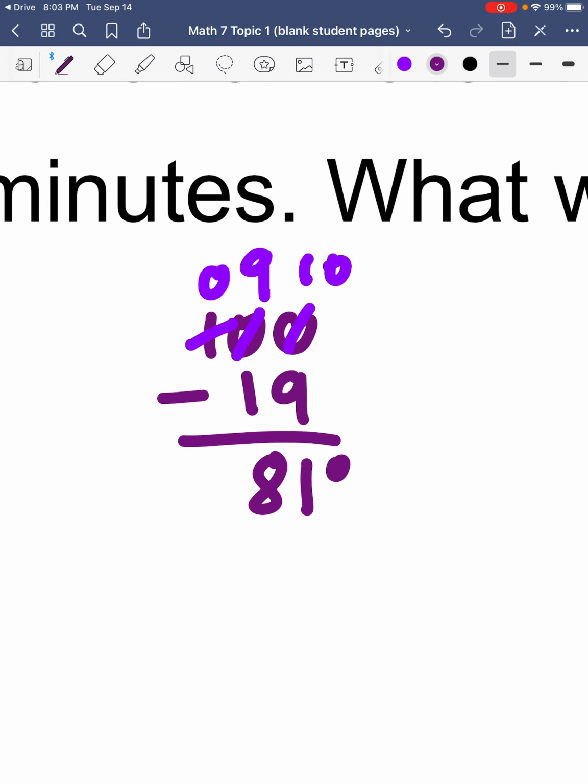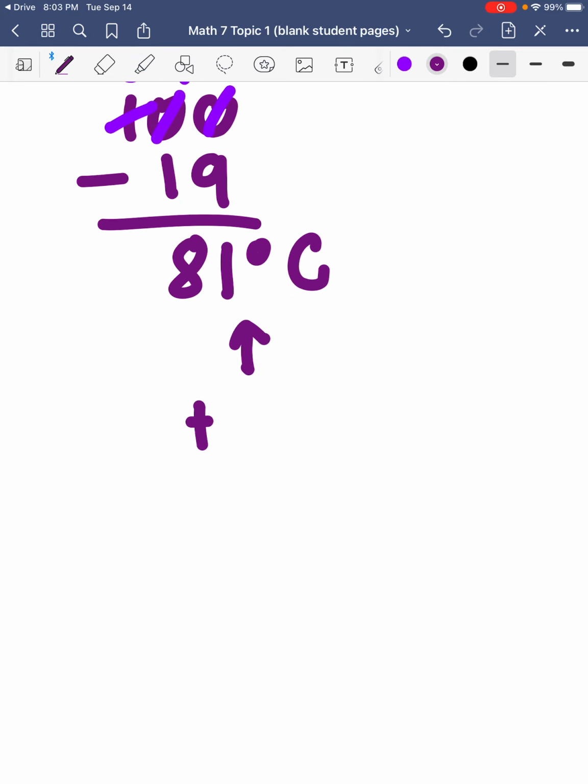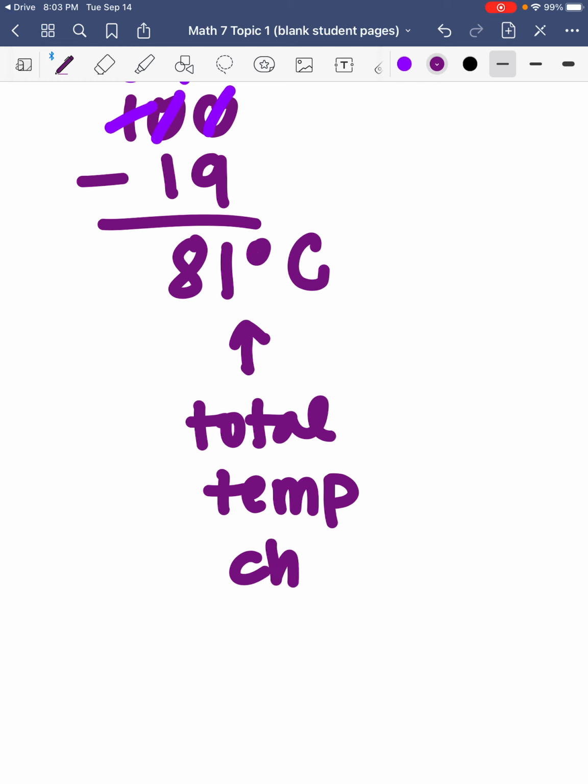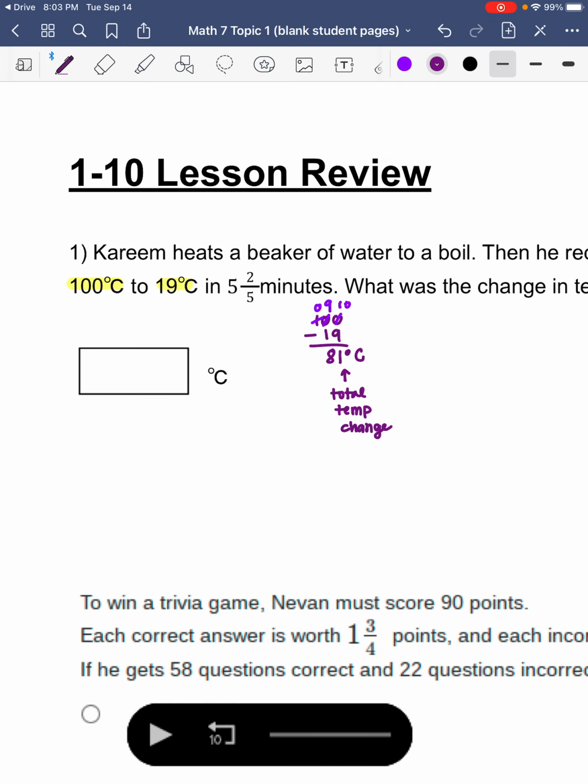So 81 degrees Celsius, that right there is the total temperature change. Now, did that temperature increase 81 degrees or decrease 81 degrees? Hopefully you said it decreased 81 degrees. So what kind of 81 do we really need in our problem situation? We really need a negative 81 because it decreased 81 degrees.